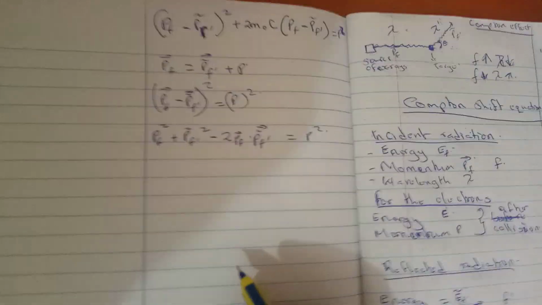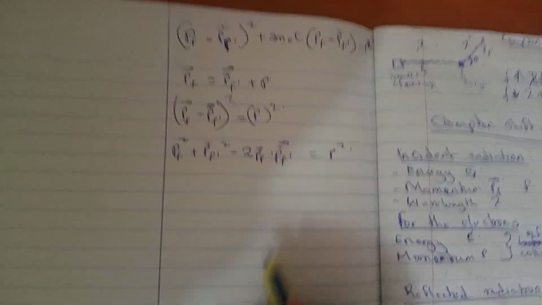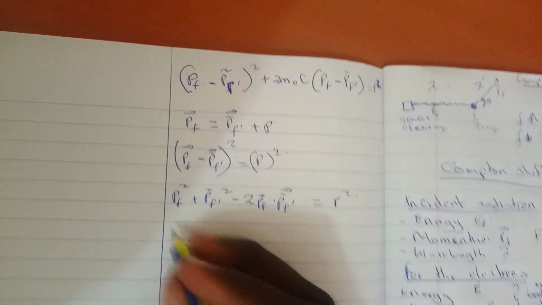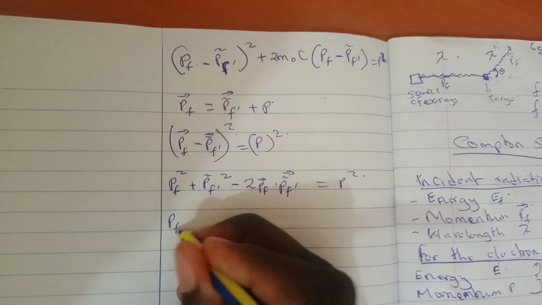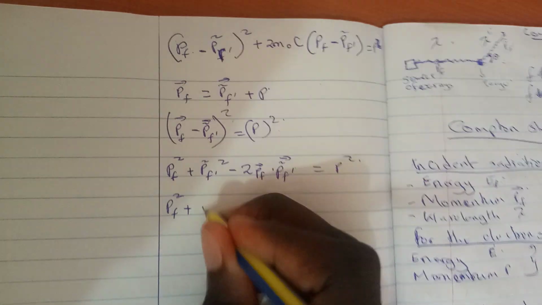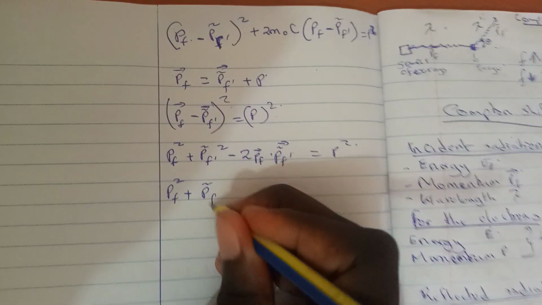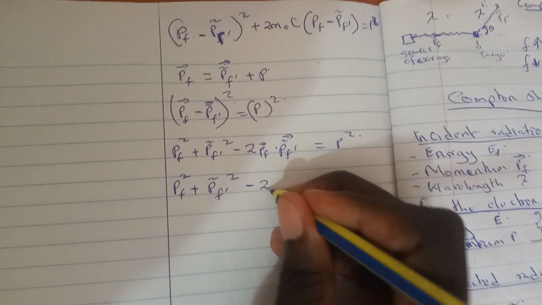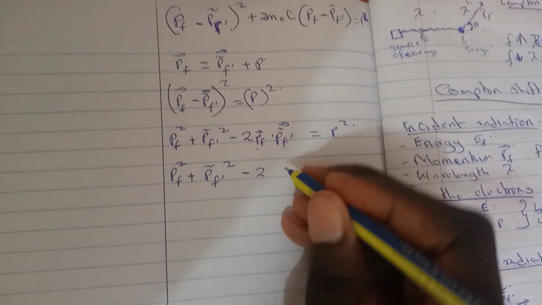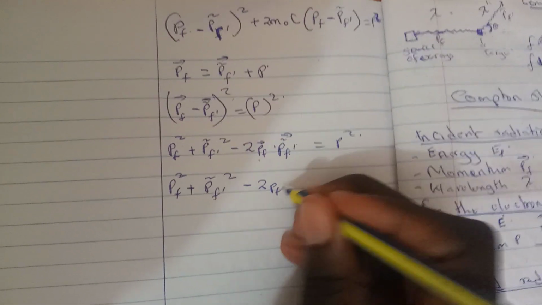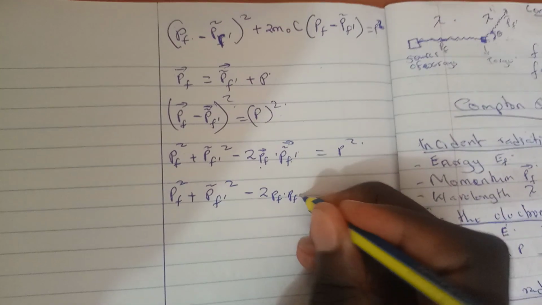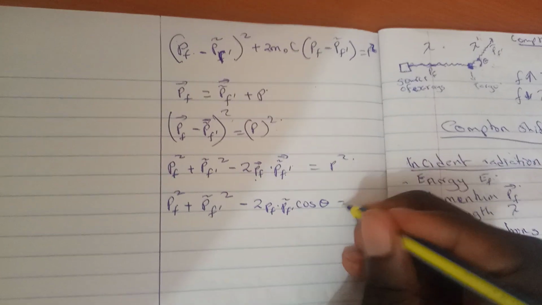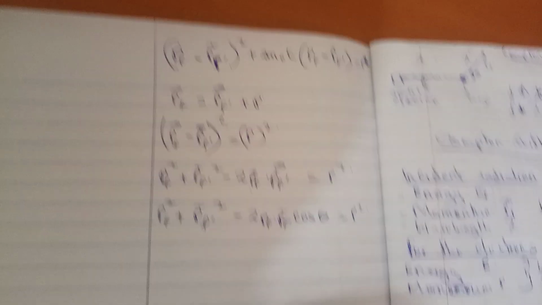So we can rewrite this in terms of cosine, so that we have PF squared plus PF prime squared minus 2 times this one times this one, which we found gives us PF dot PF prime, that one, cos theta, equals P squared.